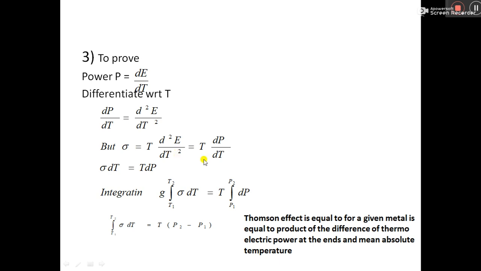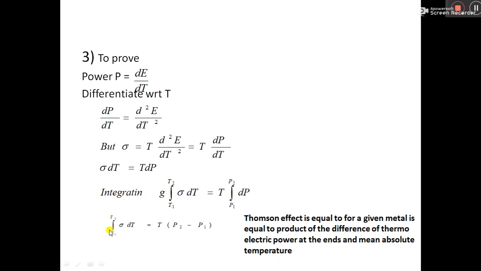Multiplying by dt, sigma dt is equal to T into dP. So integrating, integral T1 to T2 of sigma dt is equal to T times integral P1 to P2 of dP.